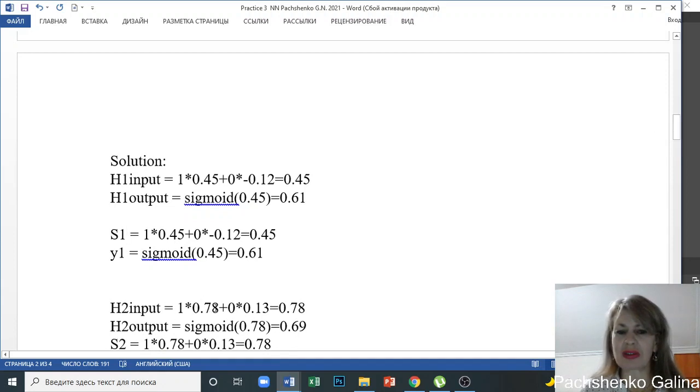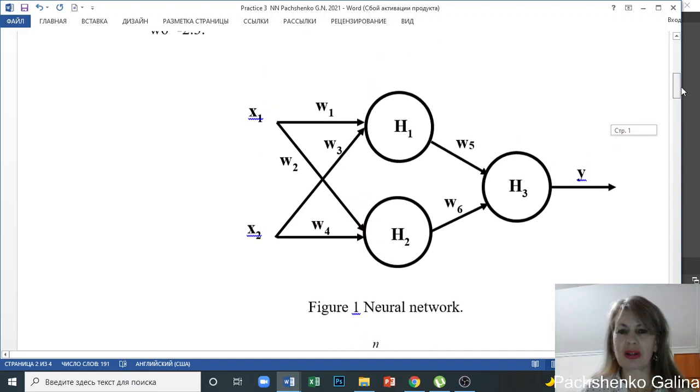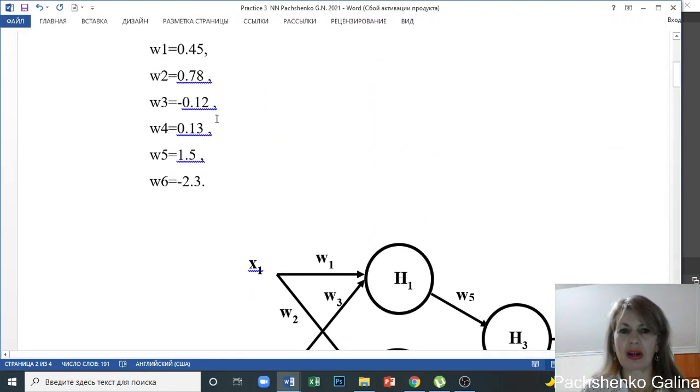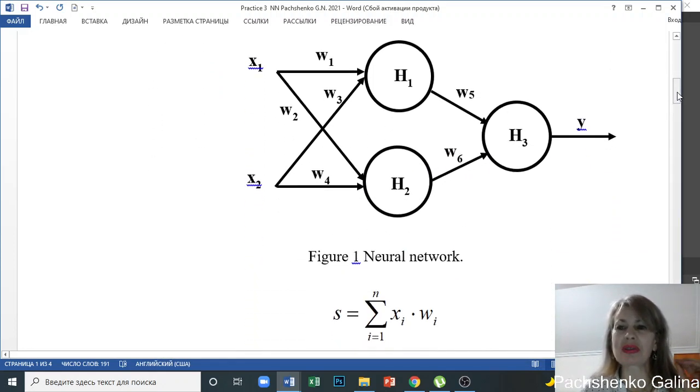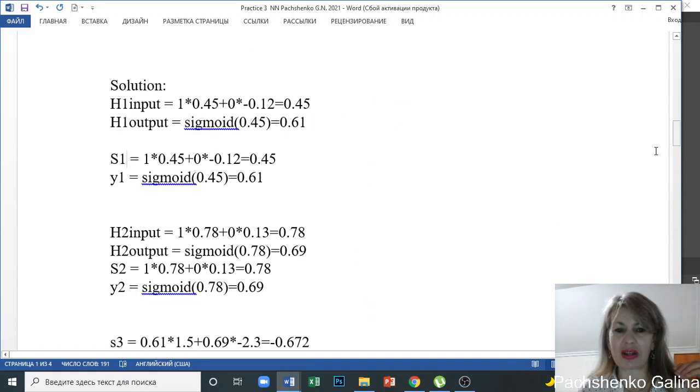Please remember these values. And let's check. W4, yes. W2, yes. And W4, yes, the same values. So we have calculated right. And now we apply our sigmoid function to our sum function. And this will be the output of our neuron H2.